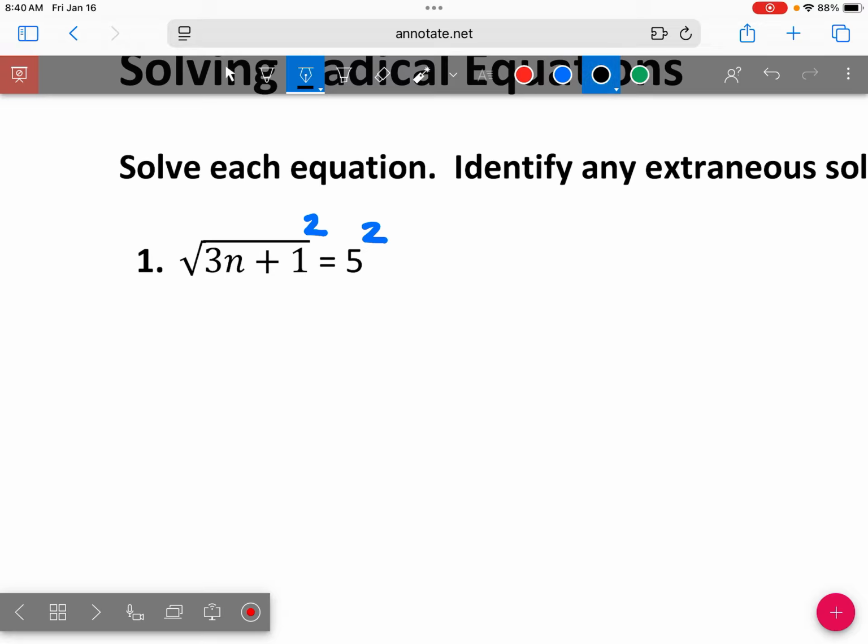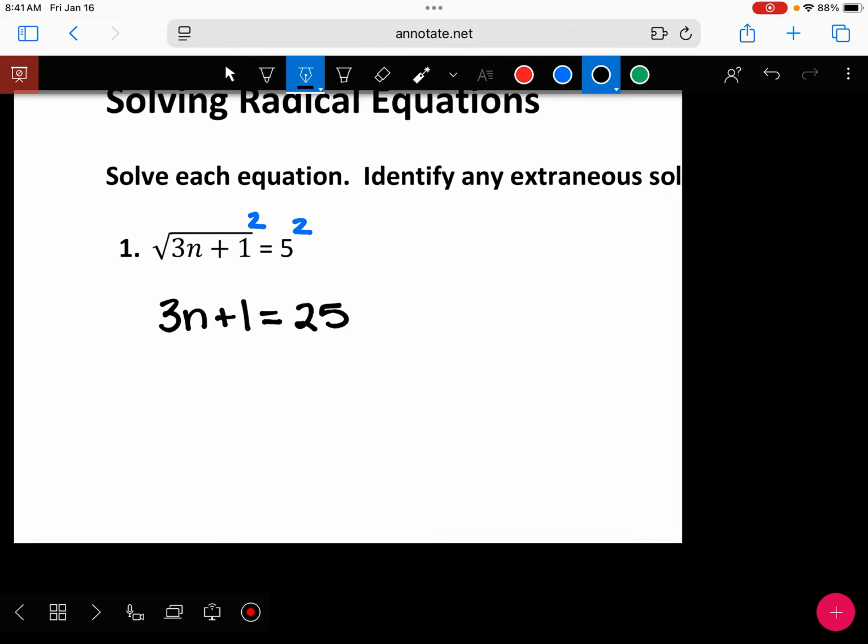And what that's going to give you is 3n plus 1 equals 5 squared. And what is 5 squared? 25. All right. Pause on that question. I just want to get you started, and you can easily go back and finish it.